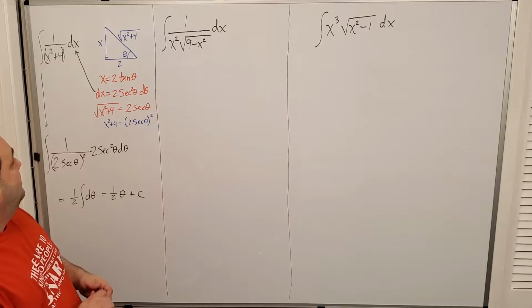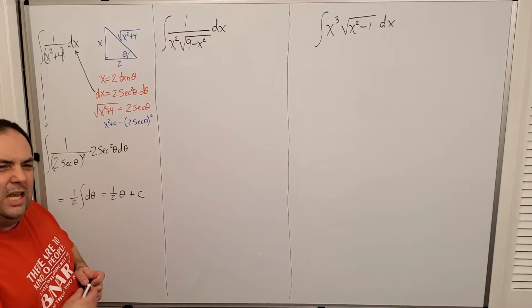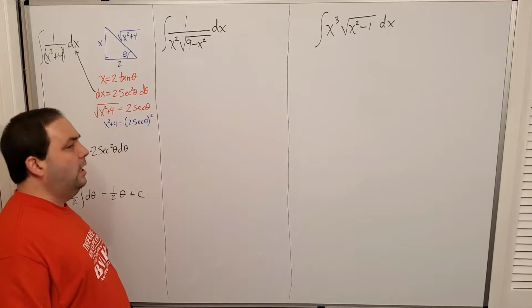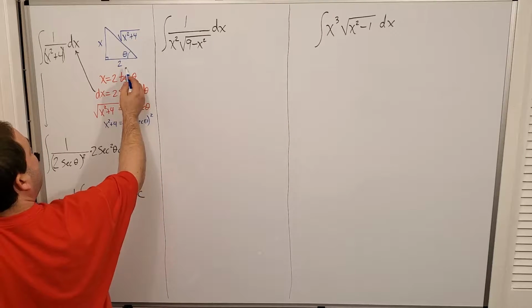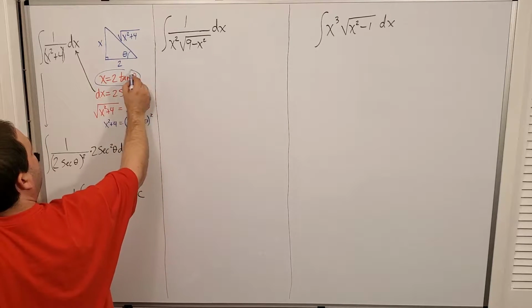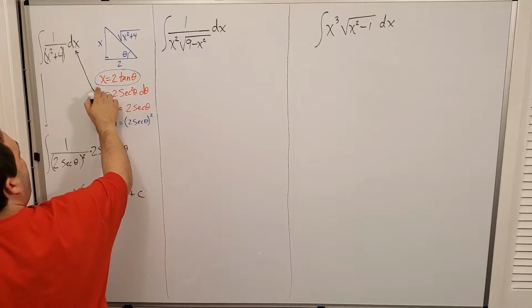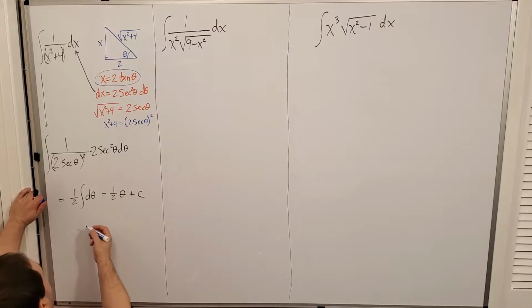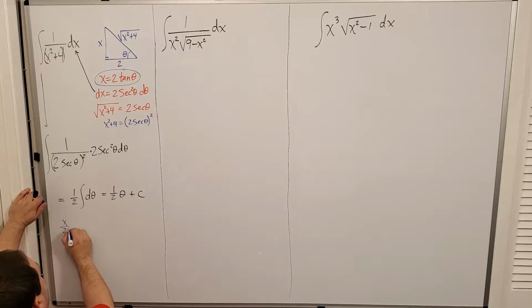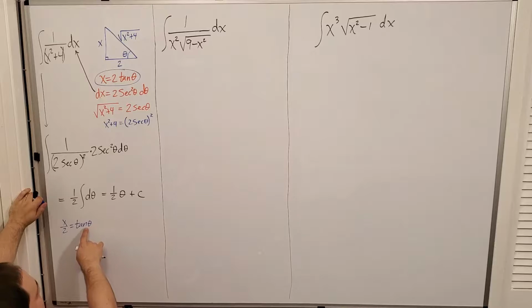And then we just need to ask ourselves, well, wait a minute, what was theta equal to? Well, the simplest was directly from this substitution here, right? Right here, I can see that x over 2 is equal to tangent theta, right? We already knew that. So to solve for theta, I simply need to do the inverse tangent there.